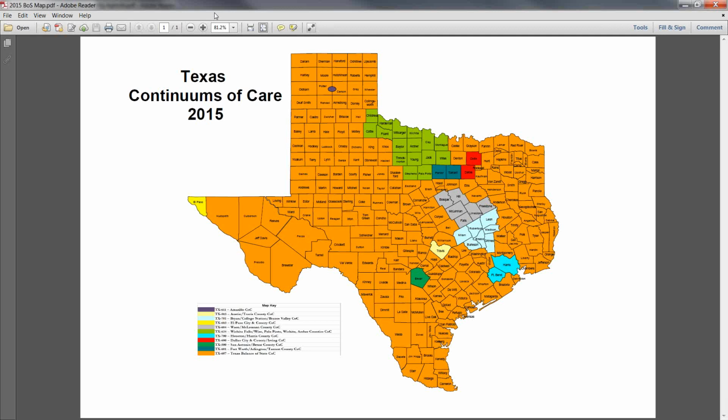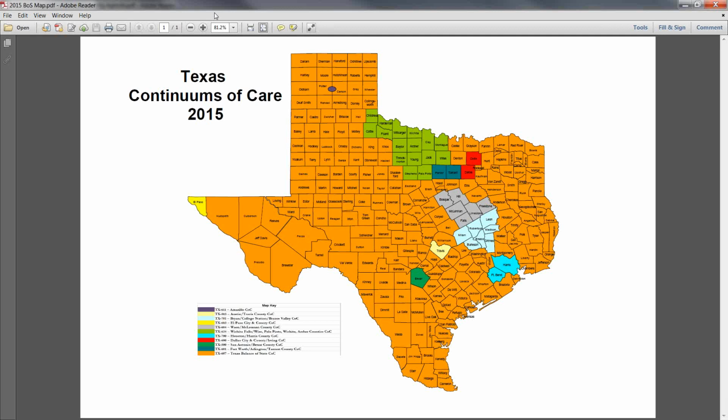When we say balance of state, and I stress the balance, what we refer to is the balance of funding that left the state or left the area and went to another region of the state each year.